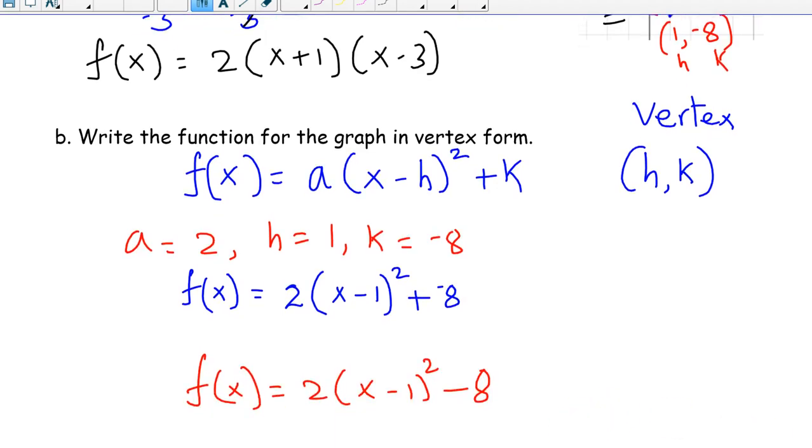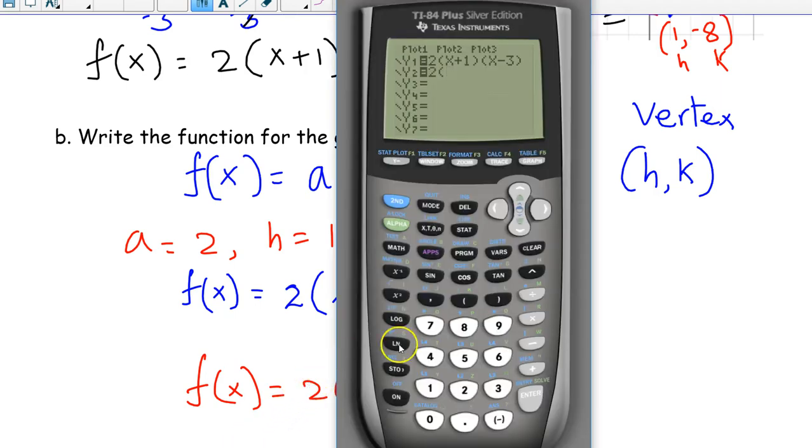The graph of this function should match. It's not plus 8, it was minus in that, right? Okay, let me see.